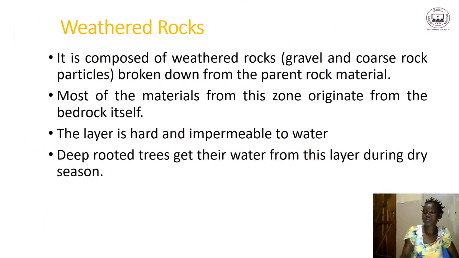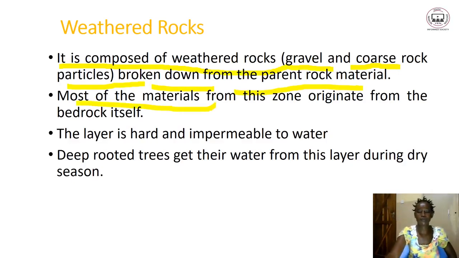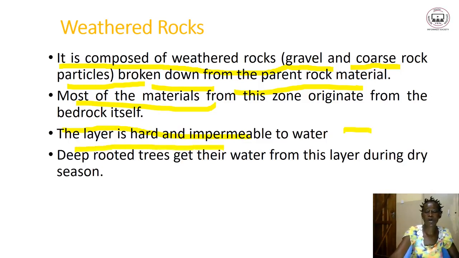Then layer number 3 is what we call weathered rocks. This layer is composed of weathered rocks. We're talking of gravel, even coarse rock particles, which are broken down from the parent material. So most of the materials from this zone originate from the bedrock.